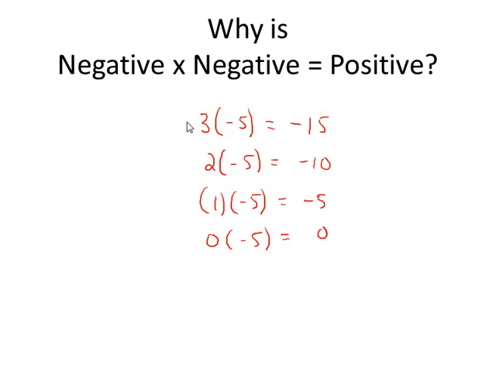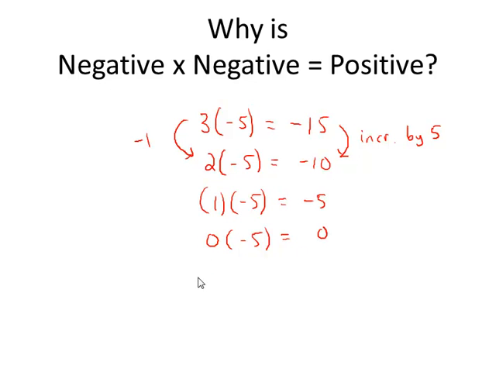Notice what's happening here. As this first factor drops by 1, our product is increasing by 5. Right? From 2 to 1, we go up by 5. From 1 to 0, we go up by 5.